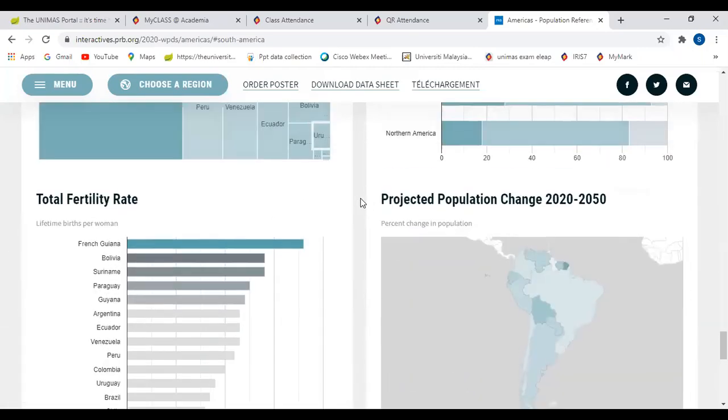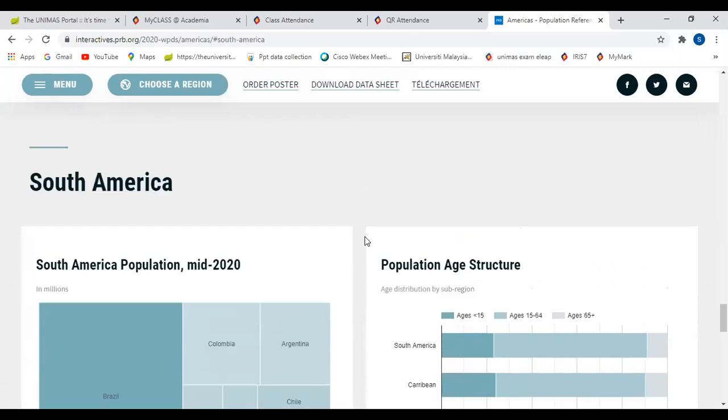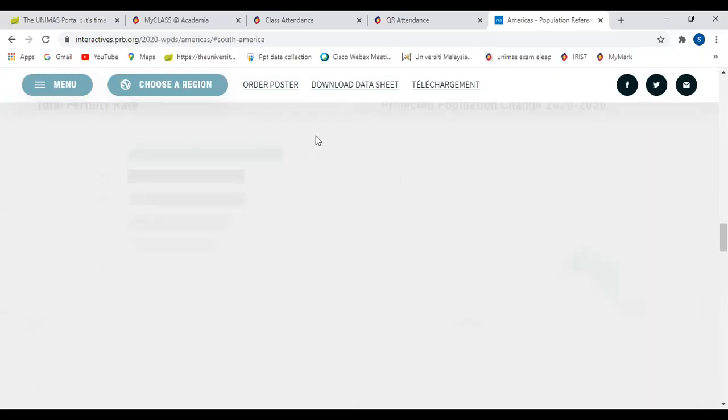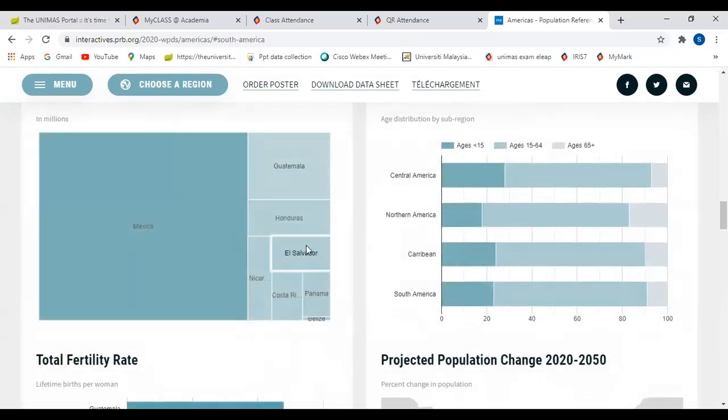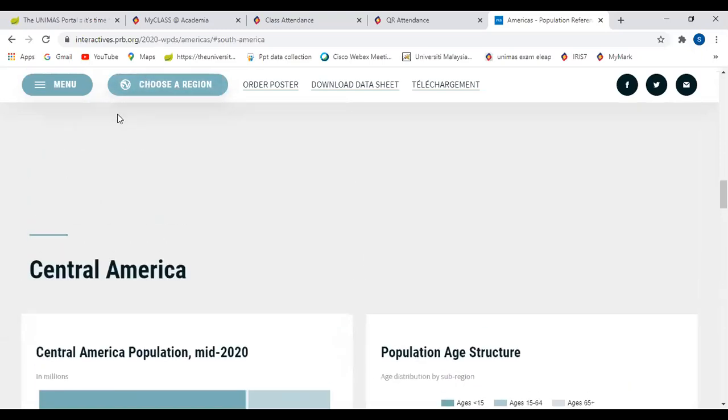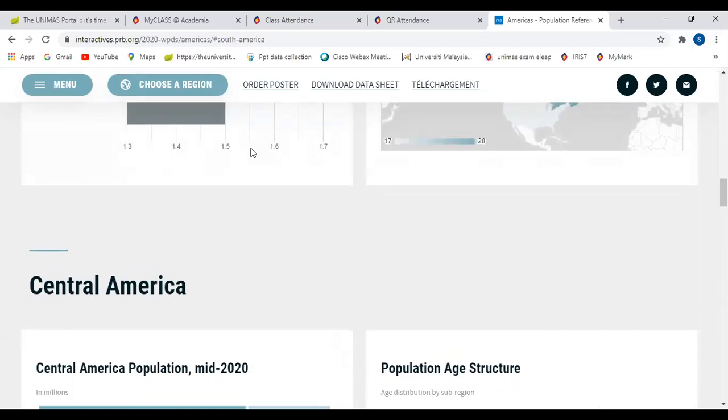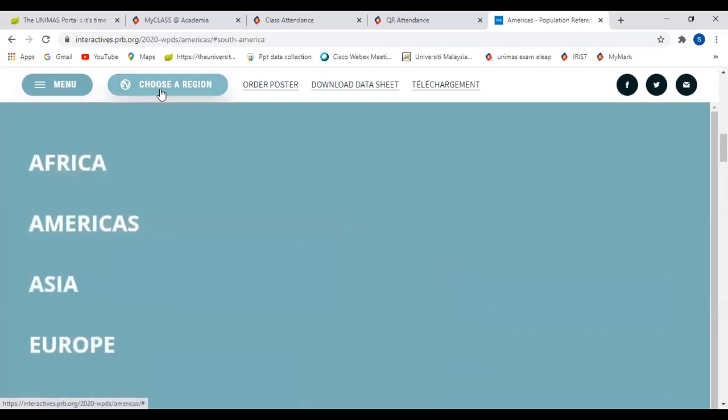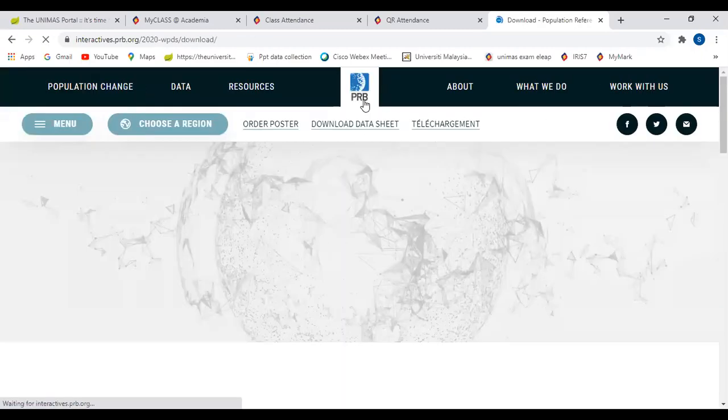I suppose even for your project tu boleh gunakan statistik di sinilah, right, untuk melihat kepada some statistic, the current statistic yang ada. Yeah. You can choose regions, yeah. You can use the menu, for example. Or you can download data set.